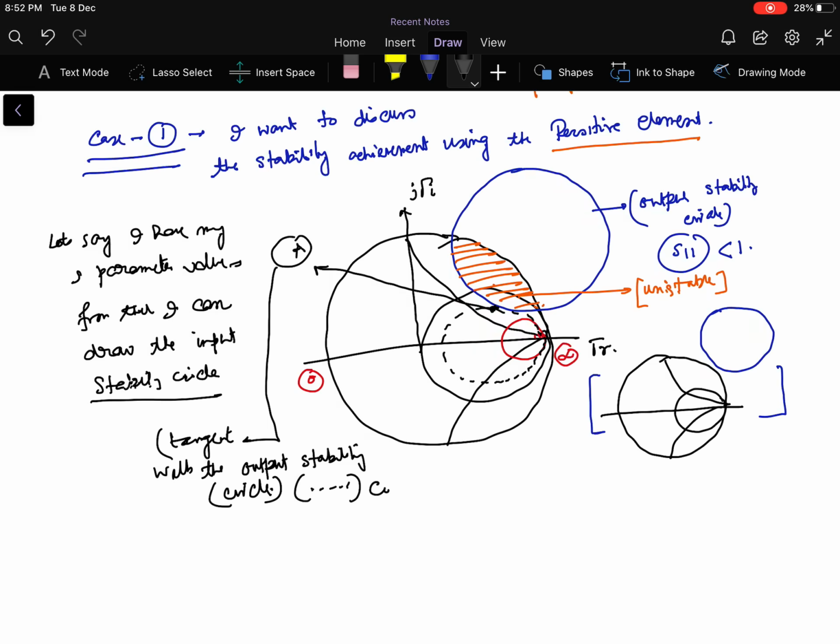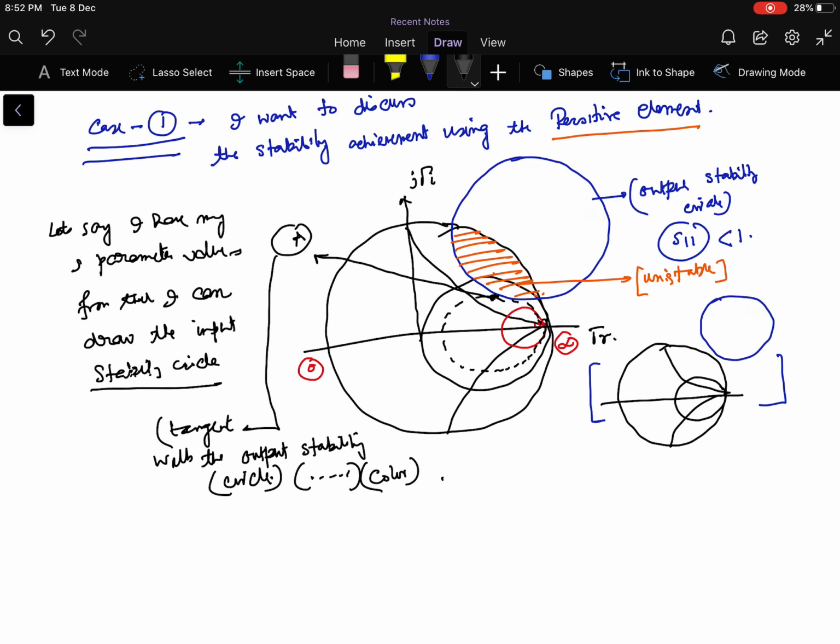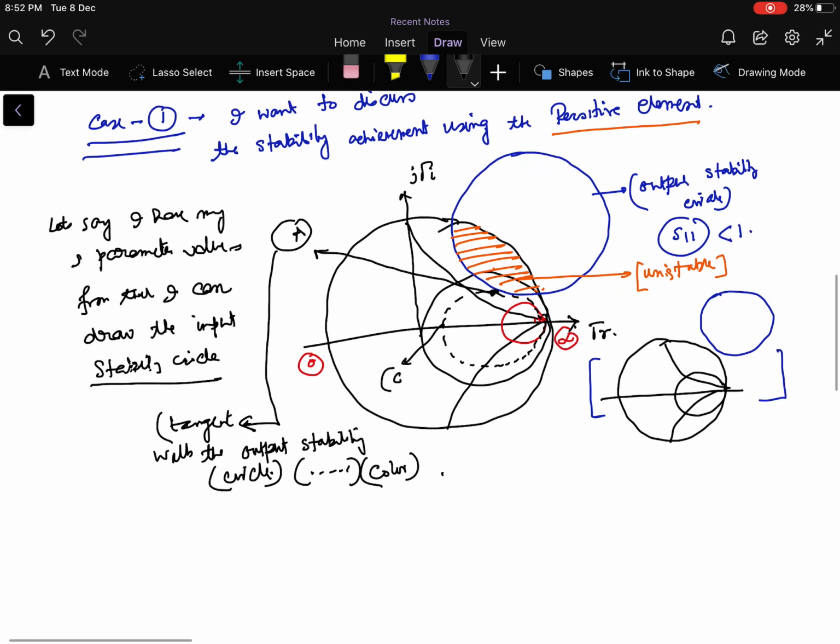That is marked in dot color. Now how do I determine its value? I have to see the intersection with the real axis, that is the point. So this point is A, and the point which is here, let's say this point is C.